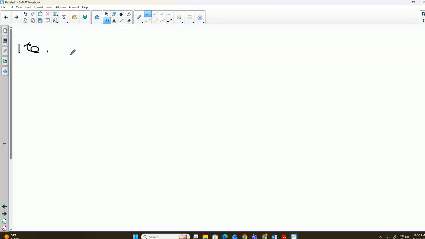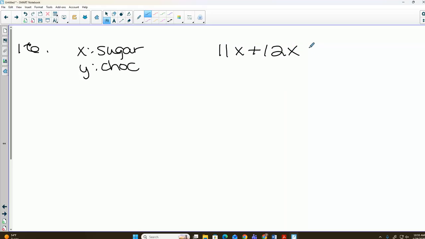So, we are selling sugar cookies and double chocolate chip cookie dough. So, x could be my sugar, and y could be the chocolate. Alright, we know that Beth sold 11 packages of sugar cookies, so that's 11x, 12 packages of chocolate chip, so 12y. And the total was $127.